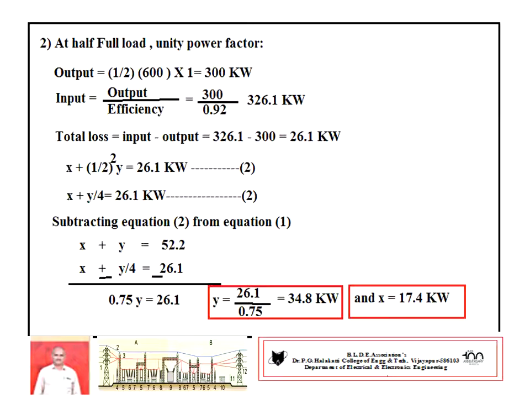That becomes y by 4, that is x plus y by 4 equals 26.1 kilowatt, expression 2. Then subtracting equation 2 from equation 1, x cancels. So we are getting the y value. Y is nothing but copper loss. Once you are knowing the y value, you substitute in equation 1, we are getting x. X is also known as iron loss.